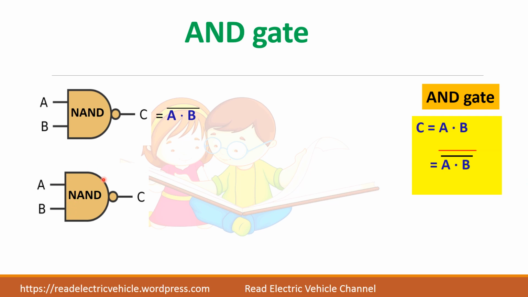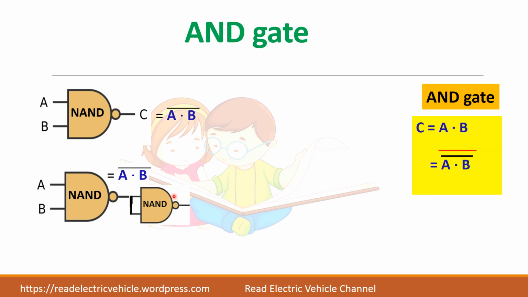Now I have a NAND gate which gives an output of A dot B the whole bar. Now I need one more bar here. To get another bar, what I have to do? I have to connect an inverter. Already we have seen how to make a NOT gate using NAND logic.